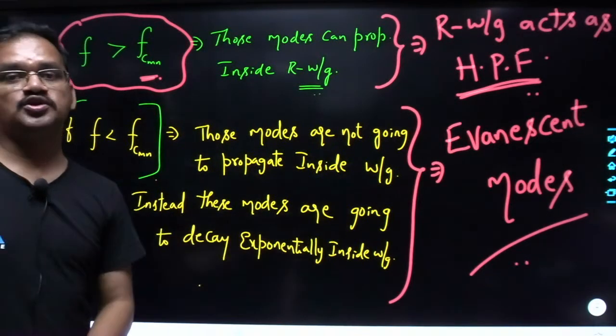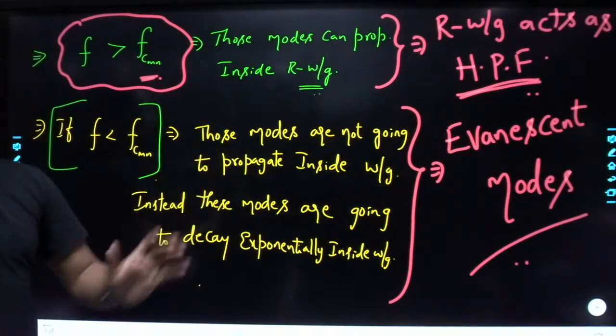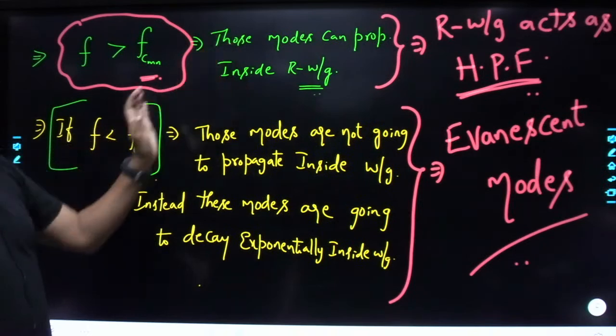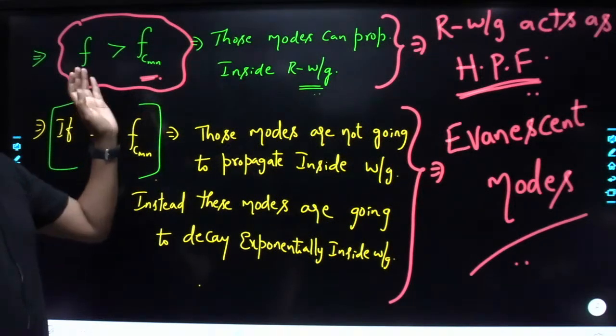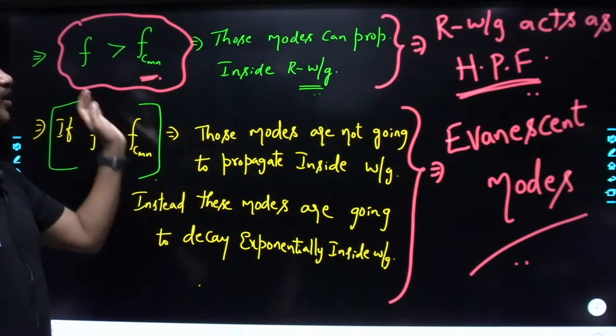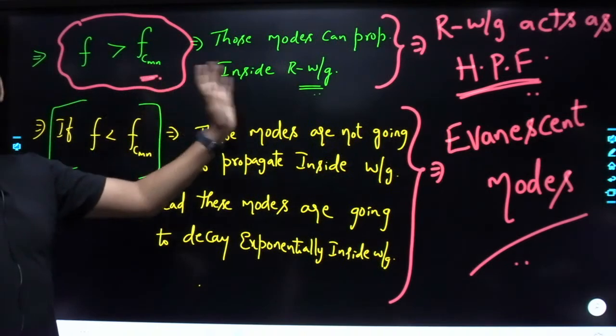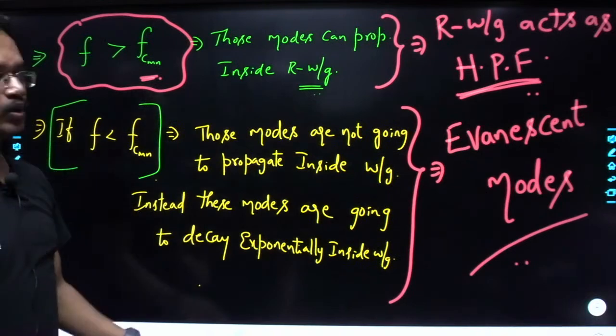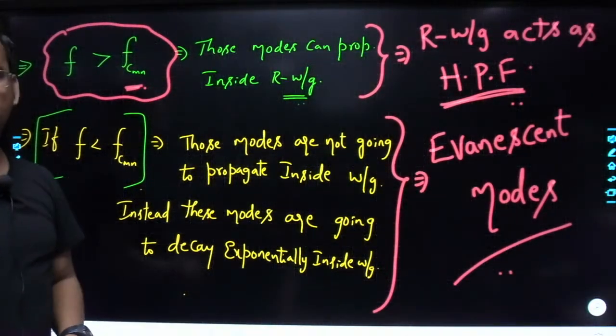So if the frequency is less than the cutoff frequency of a particular mode, those modes are going to get attenuated inside the waveguide. They are not going to propagate inside the waveguide. So before this cutoff frequency, all the modes are going to get attenuated. After this cutoff frequency, all the modes are going to propagate. So that's why this rectangular waveguide is going to act like a high pass filter.